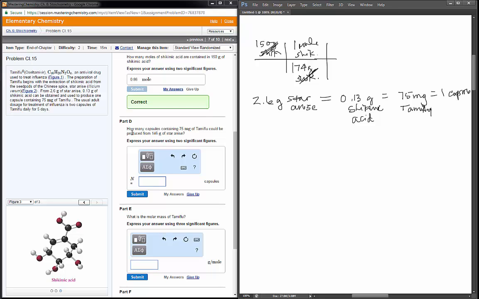So if we have 146 grams star anise, they want to know how many capsules, which each contain 75 milligrams of Tamiflu. We see that 2.6 grams of the star anise can be used to produce 1 capsule.